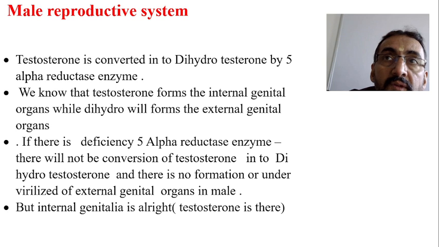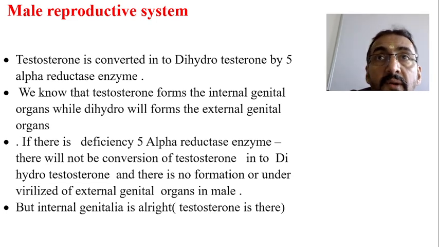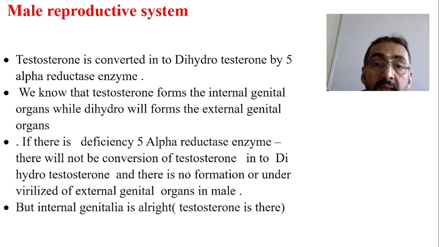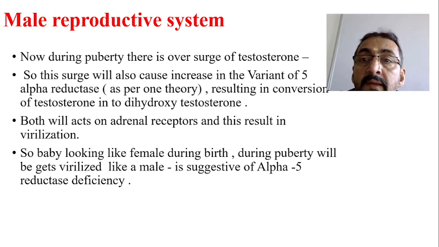This may look very different, with ambiguous genitalia, sometimes looking like female genitalia. Meanwhile, as the testosterone itself is normal, the internal genital organs are properly developed. In the male, there is no problem there; the problem is only with the external genital organs.